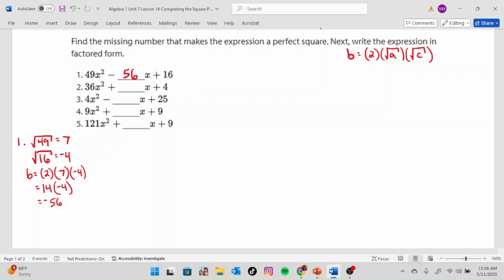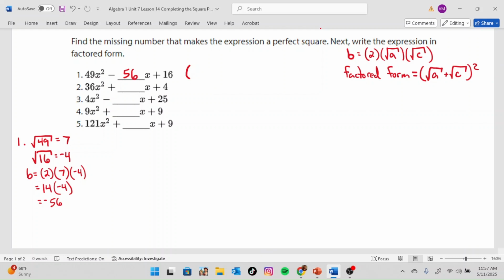Now, in factored form, this is going to be the square root of a plus the square root of c, squared.